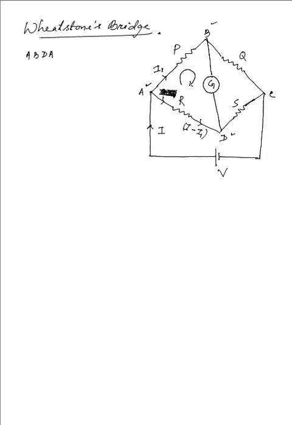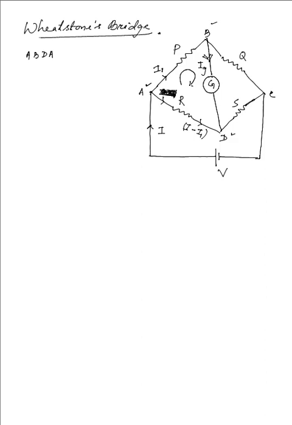Now that current I, as it moves towards the junction B, again gets divided. From the junction B, the galvanometer has a certain resistance. Let that resistance be equal to G, the capital G that we have written for the galvanometer, and it draws a certain amount of current Ig towards itself.